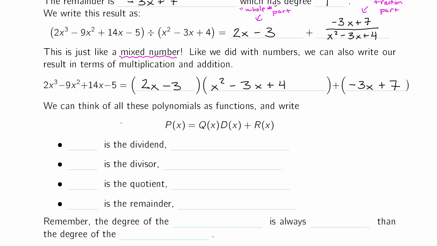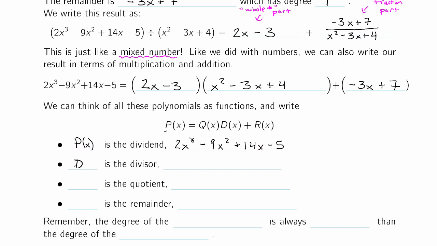If we think of our polynomials as functions, we can write this in function notation. So p of x is the dividend. In our example, 2x to the third minus 9x squared plus 14x minus 5.